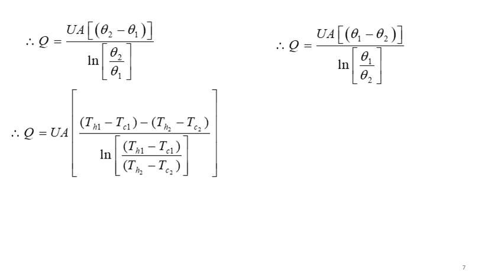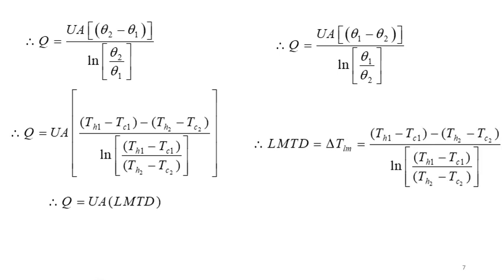This whole term is called LMTD. So we can write Q is equal to UA into LMTD. Therefore LMTD, delta Tlm, is equal to (theta 1 minus theta 2) divided by ln theta 1 by theta 2, that is, Th1 minus Tc1 divided by Th2 minus Tc2.